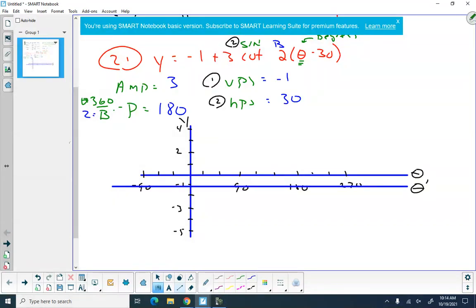So we're going to start at 30. Prime axis or peaks and valleys, Johanna? Prime axis. So at 30, we're on the prime axis.